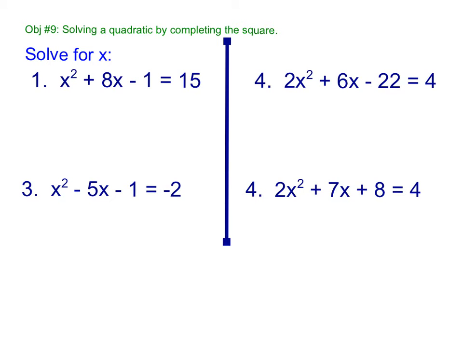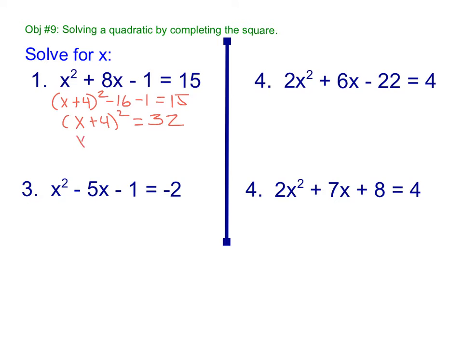All right, number 1. So these are the easy ones. If it's got an even number in the middle, this should not be an issue at this point. So half of 8 is 4, so x plus 4 squared. We need to subtract off our 16, combine that with our negative 1. So then x plus 4 squared equals 32, when I add the 16 and the 1.